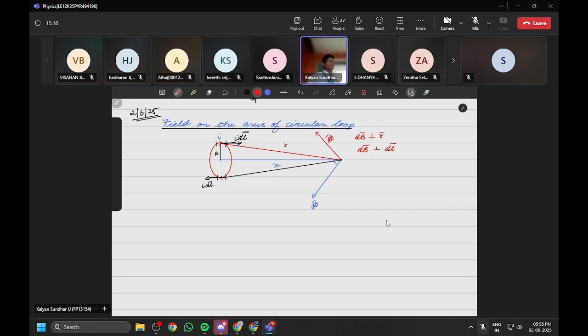Correct? Whatever we took for the electric field there, in the same way here we are just taking it for the magnetic field. That's it. Now the ideal vector and r vector will be at 90 degree. Ideal cross r vector will be 90 degree. So you will be writing it as your magnetic field will be equal to mu naught by 4 pi I dl sin theta, where theta is 90 degree, divided by r square, the distance square value.